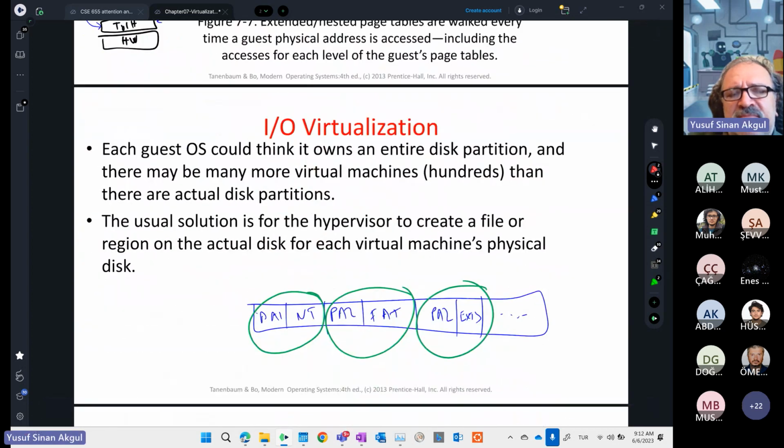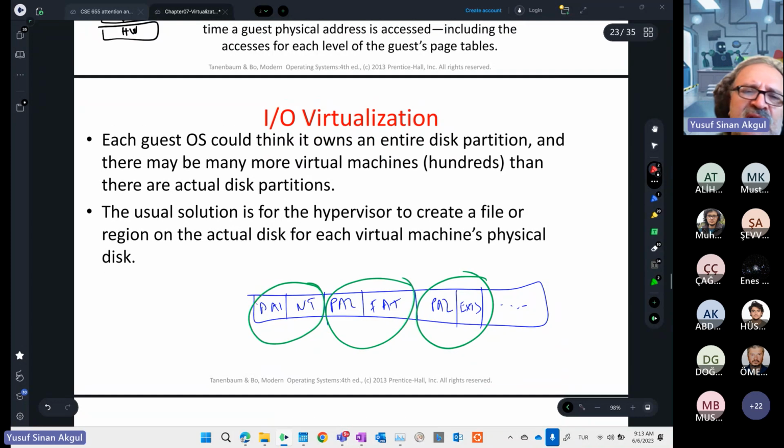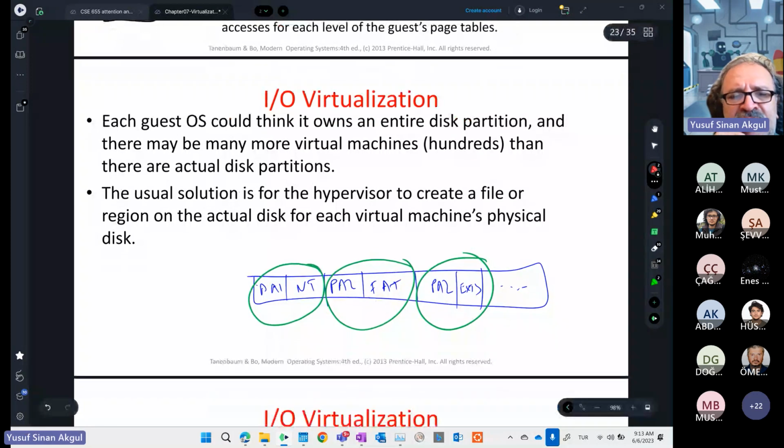Another topic is I/O virtualization. We have to virtualize our I/O devices. Each guest operating system thinks that it owns the entire disk partition. So you might think that, well, then make a new partition for each virtual operating system.